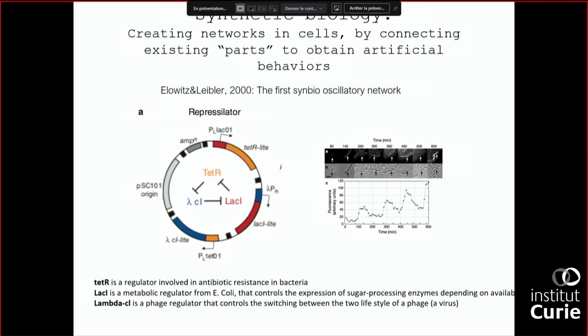And so you can indeed imagine that such a system is capable of oscillations. Imagine you start from a high concentration of this particular component, and the two other components are low.